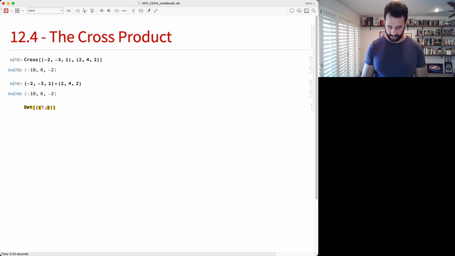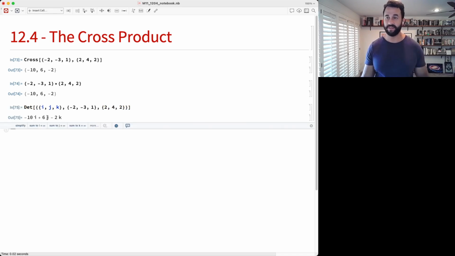So ijk. The next line was our first vector, which was -2, -3, 1. There we go. And then the last line was our second vector, 2, 4, 2. There we go. And now I'm just going to hit Shift Return, and voila, there it is. So the same vector that we just computed, now written in terms of those standard basis vectors.